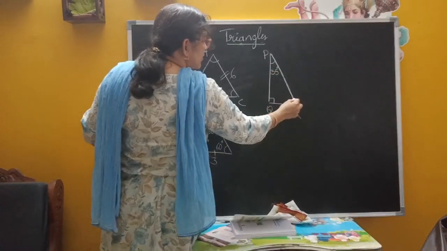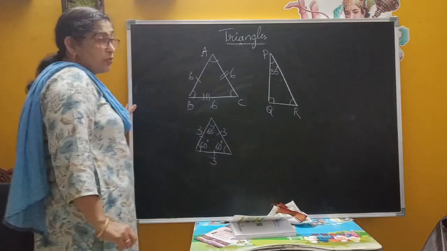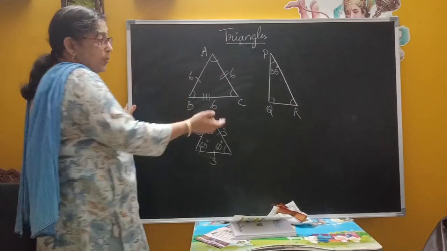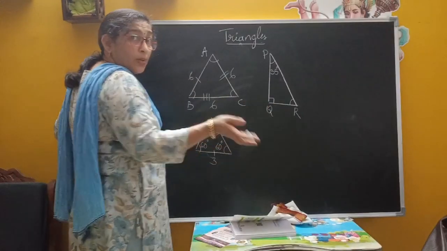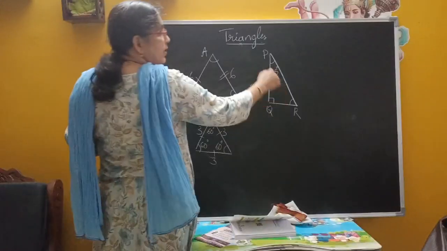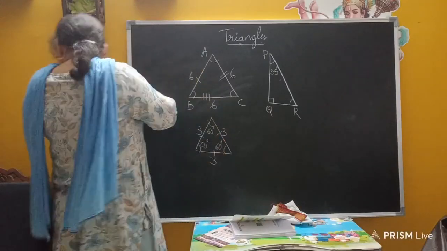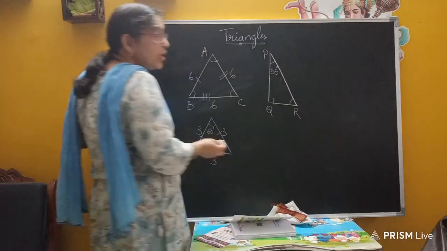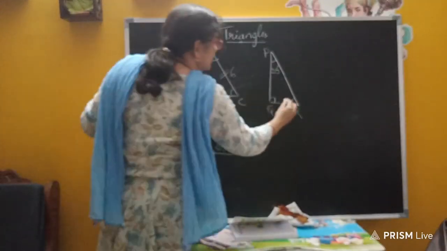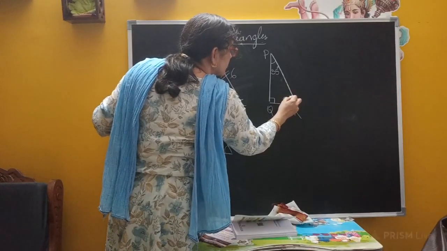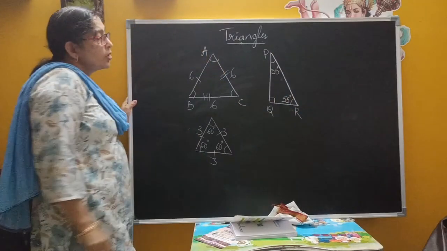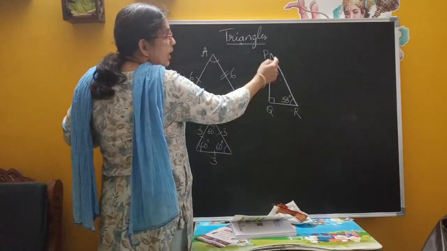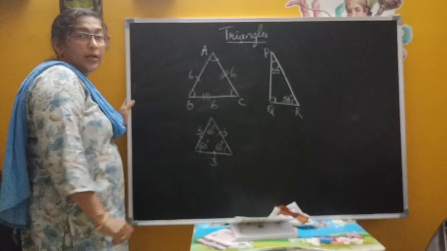Then how much would this be? 35 degree plus 90 degree is 125, and 180 minus 125 is 55 degree. So here angle Q is 90 degree, angle R is 55 degree, angle P is 35 degree.